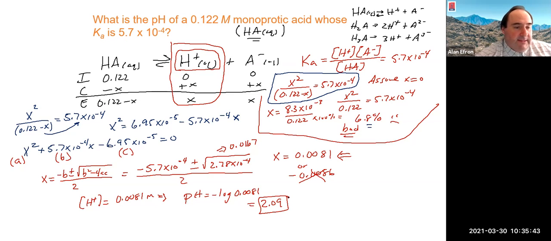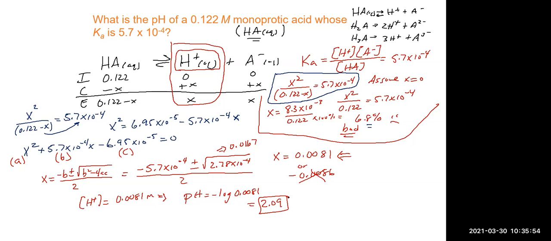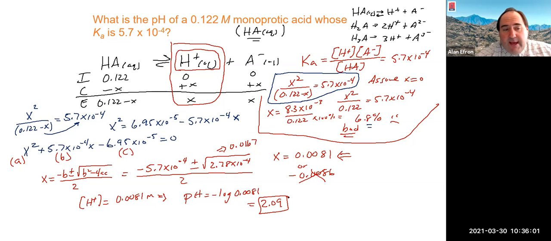Question on weak acid problems or Ka type problems. Again, pretty much the same thing as an equilibrium problem. Only difference is kind of at the end there, we go into our pH. And then for the quadratic formula, we can just get rid of any negative answers. That doesn't make sense. Yeah, probably in a weak acid type problem, you probably could, because in most cases, especially if it's monoprotic, your H plus will usually equal X, which means obviously you can't have a negative concentration and really won't work in this case.